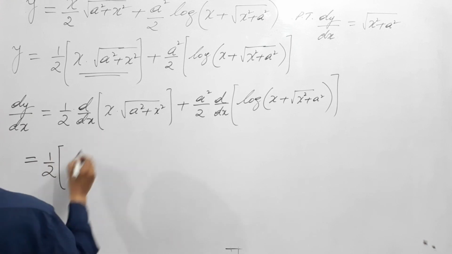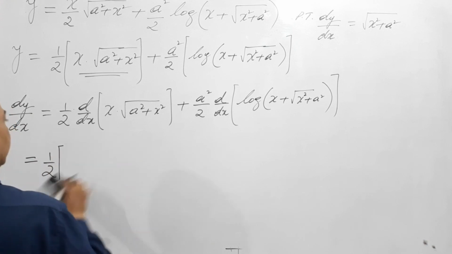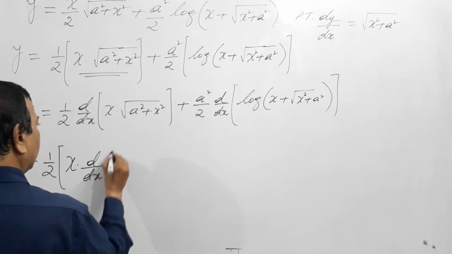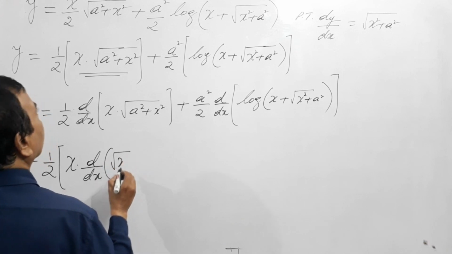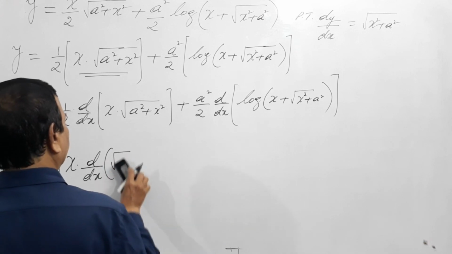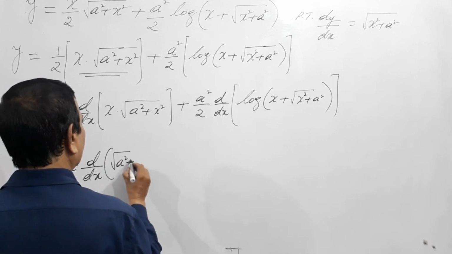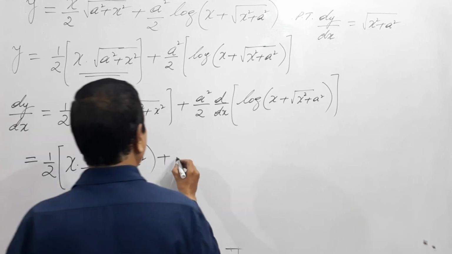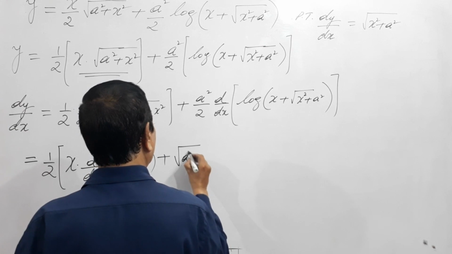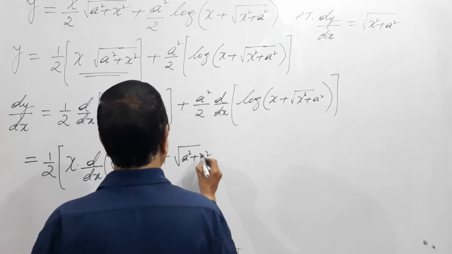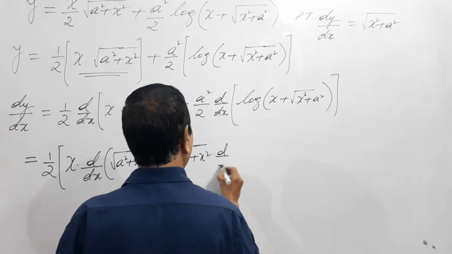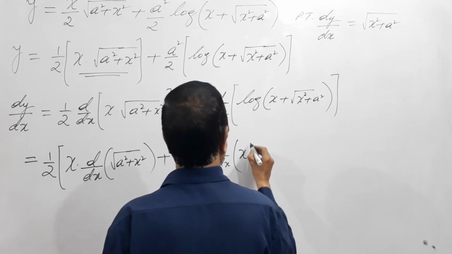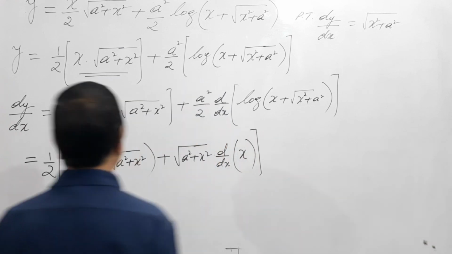I will keep this first function as it is, x as it is, this is d by dx of a square plus x square, plus, I keep the second function as it is, that is a square plus x square as it is, into d by dx of x. So this part is over, first part.